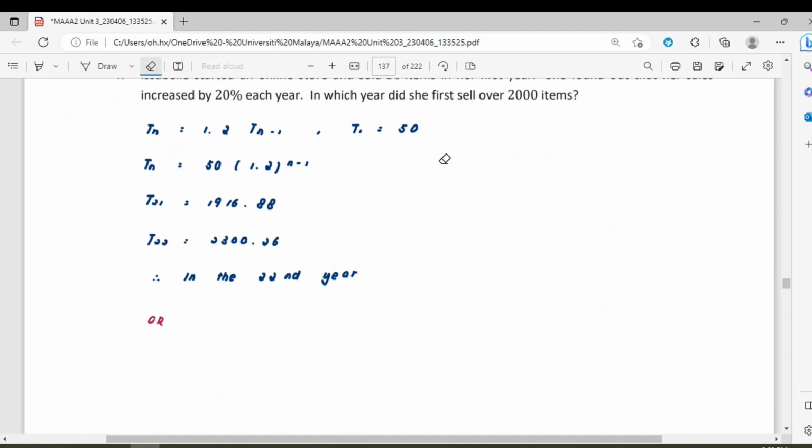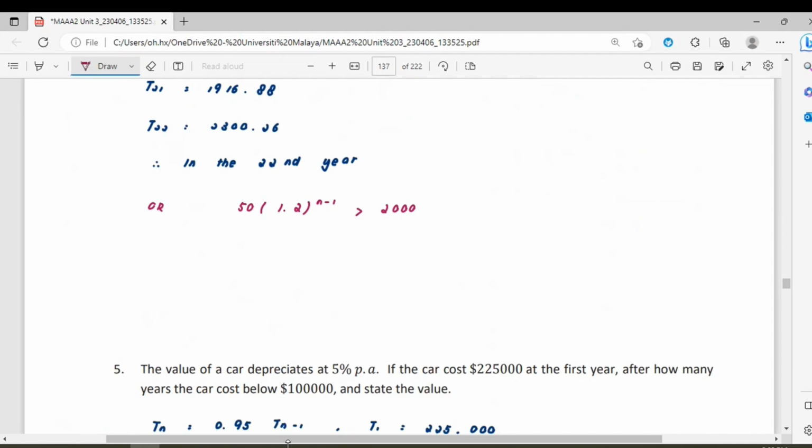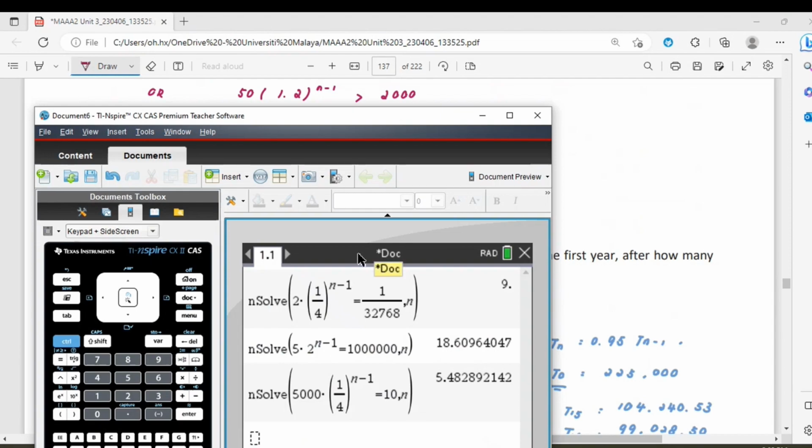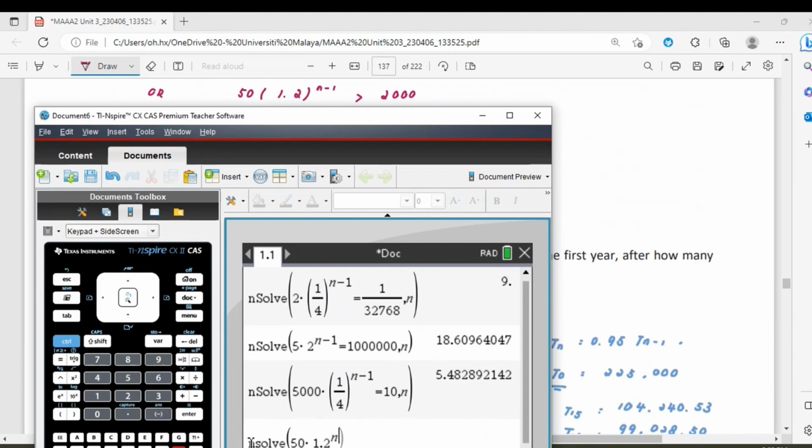The other way to do this is, first sell over 2,000, which means 50 times 1.2 power n minus 1 over 2,000. Same thing, then you can use the nSolve function in your calculator. So 50 nSolve, 50 multiply 1.2 power n minus 1, then equal to 2,000 and then comma n.